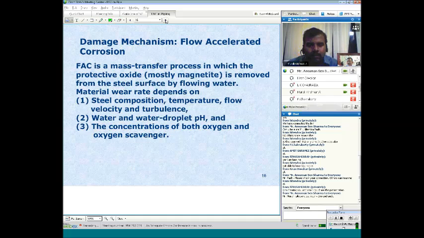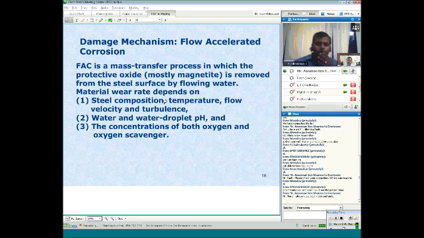As I told you, it is getting dissolved in water and then flowing out of the system. And it depends on factors which would suggest that the FAC will be more or less. The steel composition is one very important factor. The temperature, the velocity, and the turbulence in the local area where FAC is occurring.